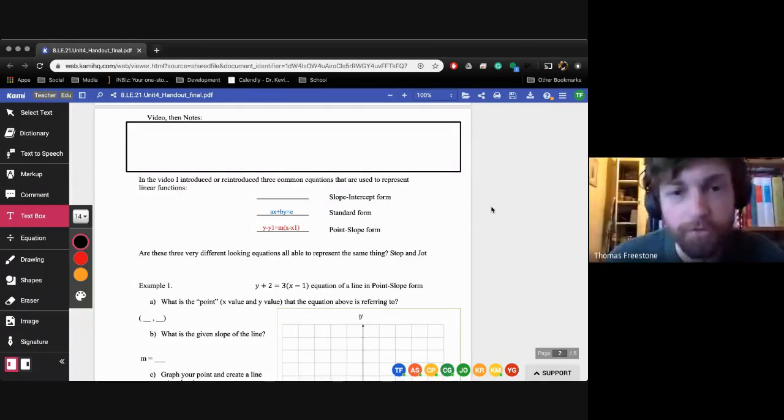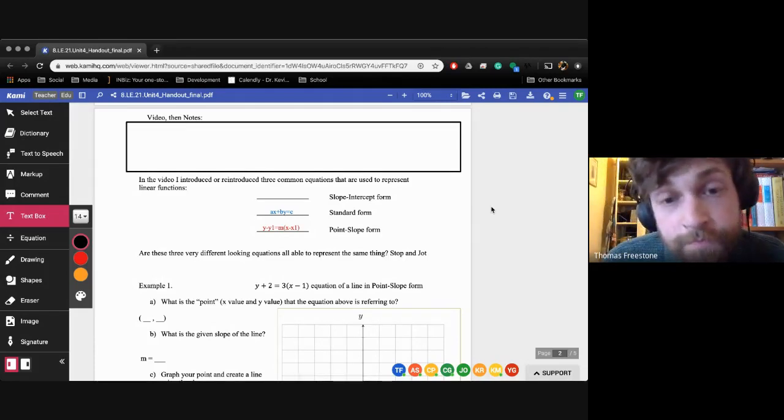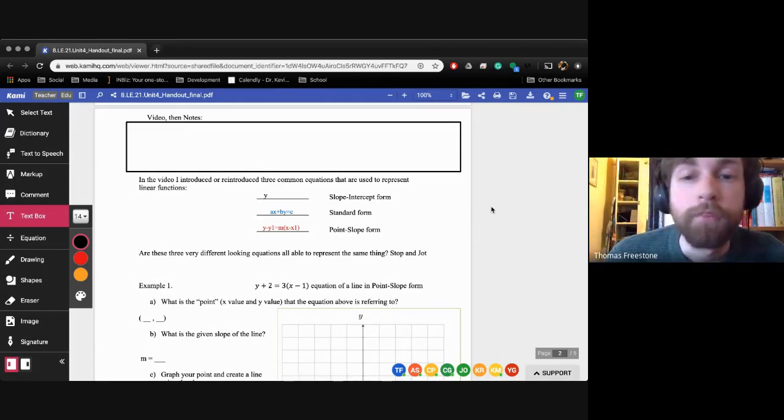Awesome. There's standard form. And this last one is the one that I hope most of you just kind of have in your head as the equation of a line.